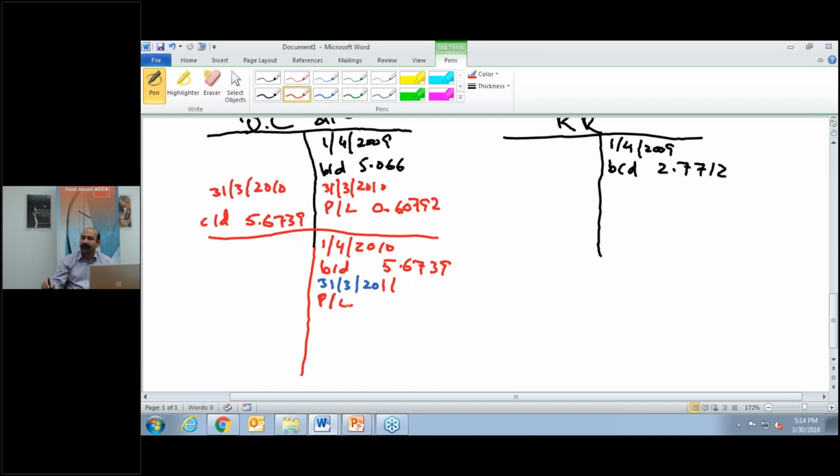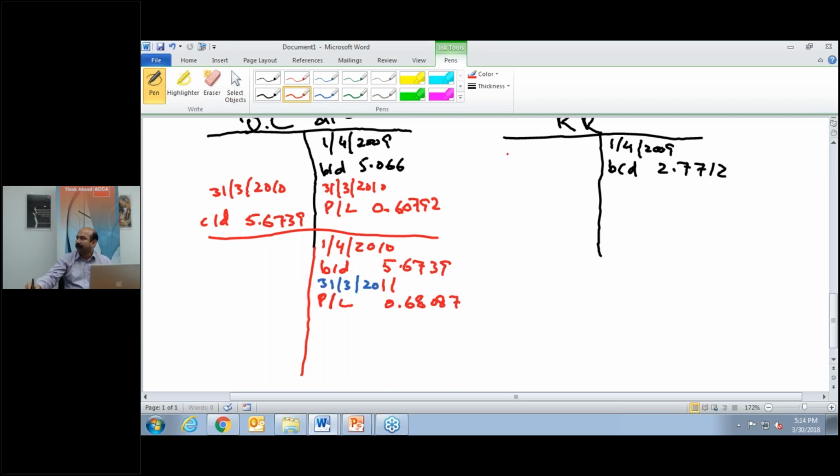Again, I will be multiplying 5.6739 with 0.12, 12%, which is the new discount rate. So this will give me 0.68087.